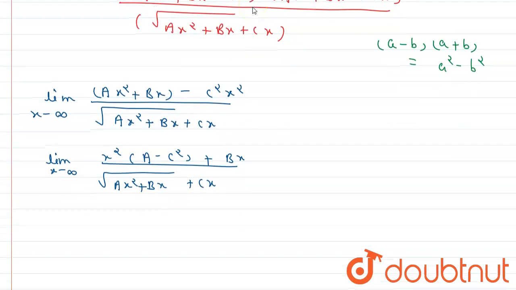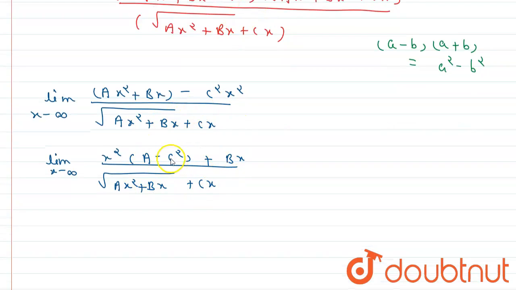Now we know that for existence of this limit, this should be 0, because the highest power in the denominator is x square, so on taking the root it will become x. So the highest power in the numerator should be x for the existence of this limit. If x square is the highest power, then the limit will go toward infinity, but the limit is given equal to 2. So for this, a minus c square should be 0. So from here a equal to c square, or c equal to root a.